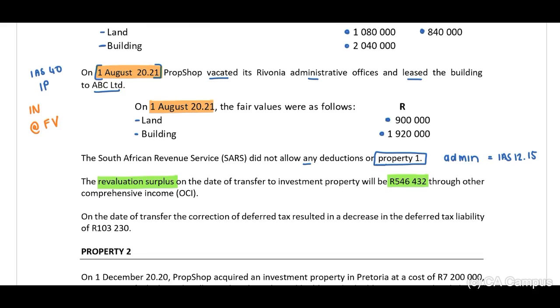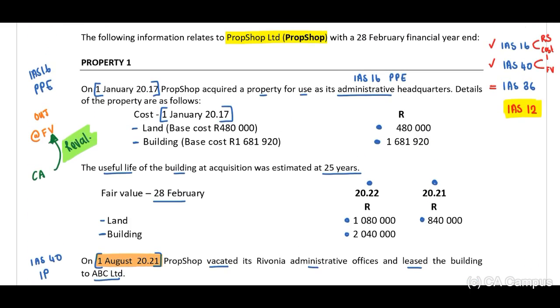Then, on the date of transfer, the correction of deferred tax resulted in a decrease in the deferred tax liability of 103,230. Now, why a correction? Why a correction of deferred tax? Because if you look at this, previously, this is PPE.